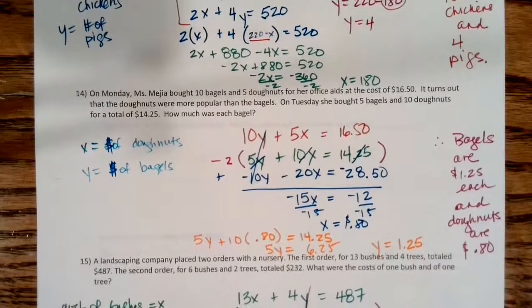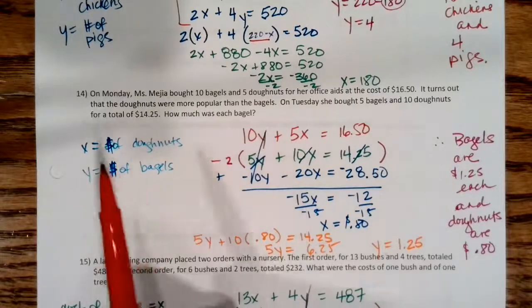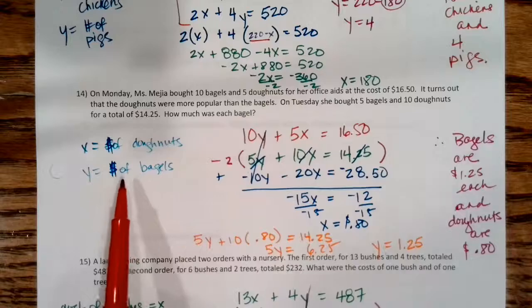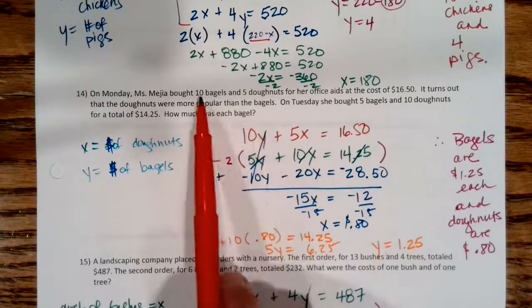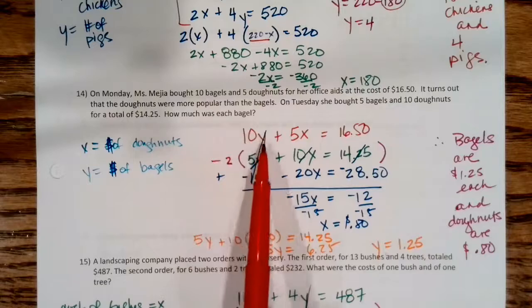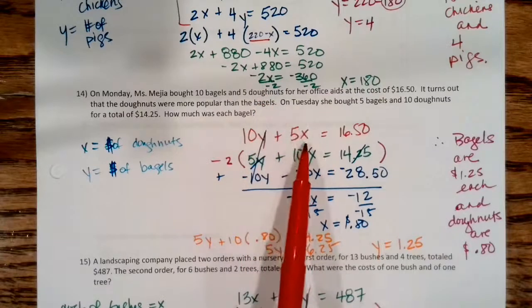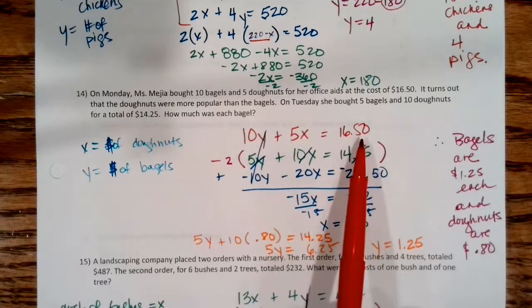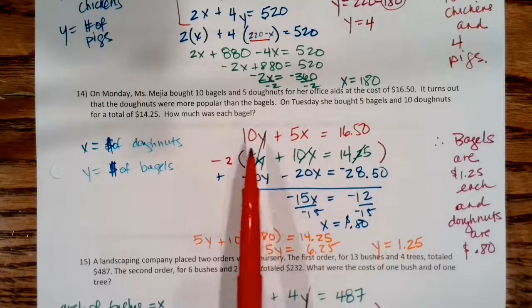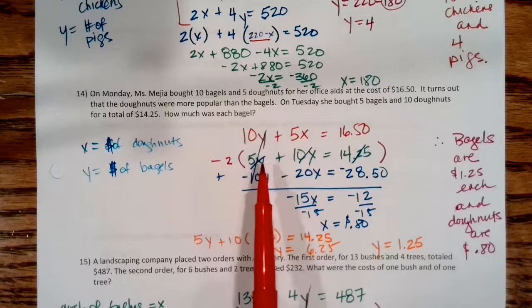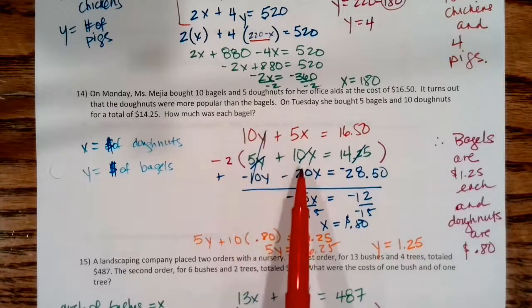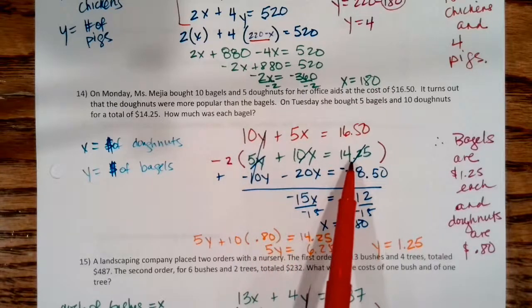Alright, so Miss Mejia is buying donuts and bagels. So X was my cost of my donuts, and Y was my cost of my bagels. When I wrote my equation, 10 bagels at some cost and 5 donuts at another cost were $16.50. People liked the donuts more, so the next day she switched it around. 5 bagels, 10 donuts, $14.25.